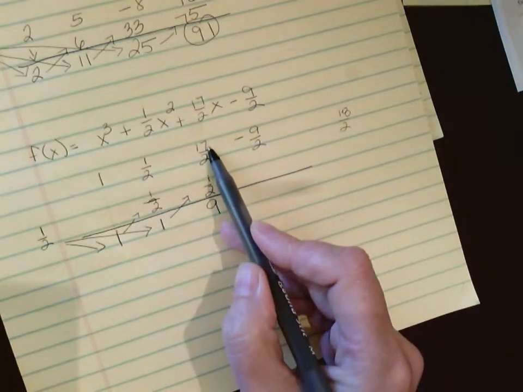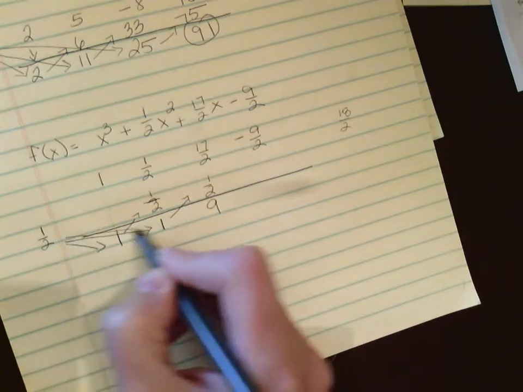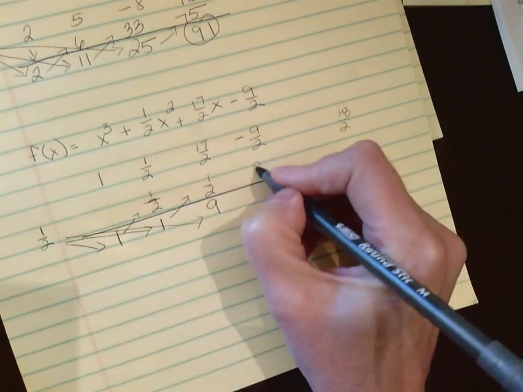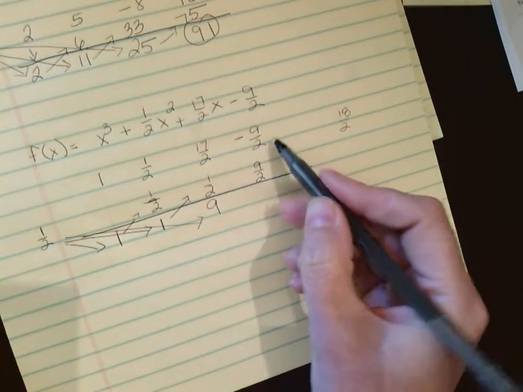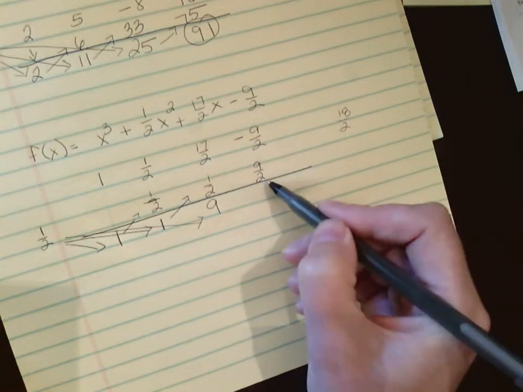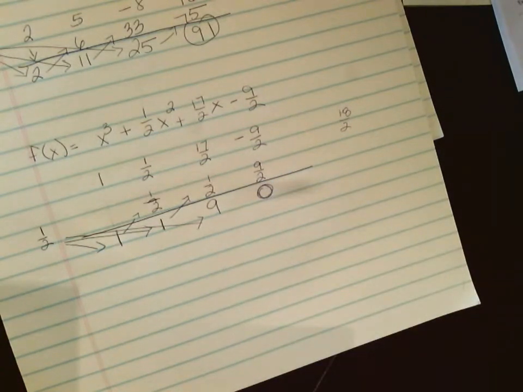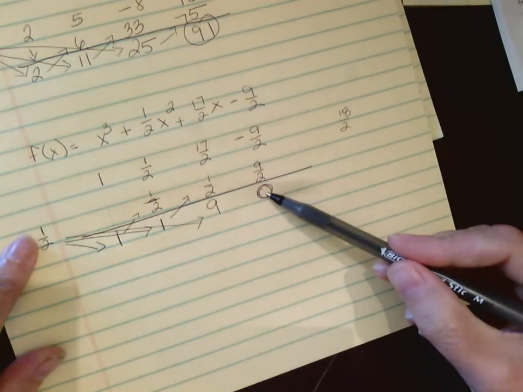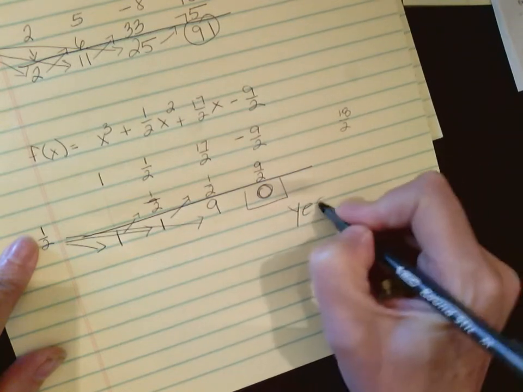So when I add 17 halves to 1 half, I get 9. Now I have 1 half times 9, which gives me positive 9 halves. So when I add these straight down, I've got negative 9 halves and positive 9 halves. So the remainder is a 0, which means, since it's asking if 1 half is a 0 of this function, and this number ended up being a 0, it would be yes.